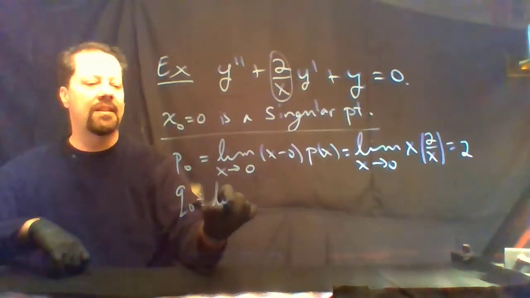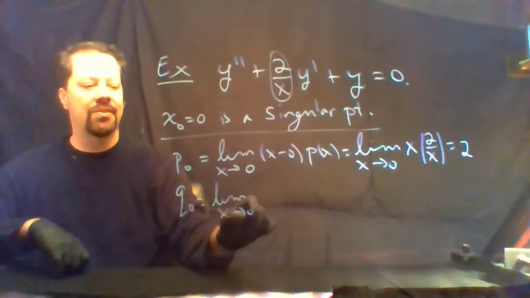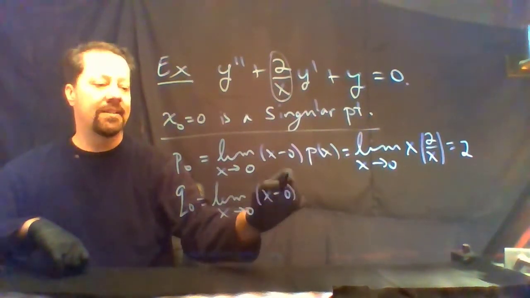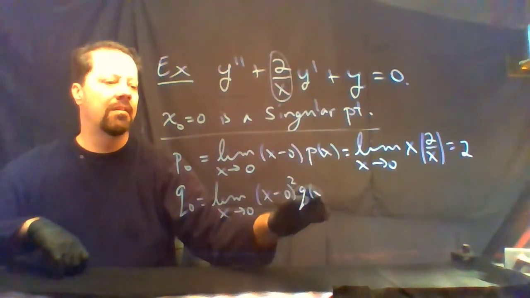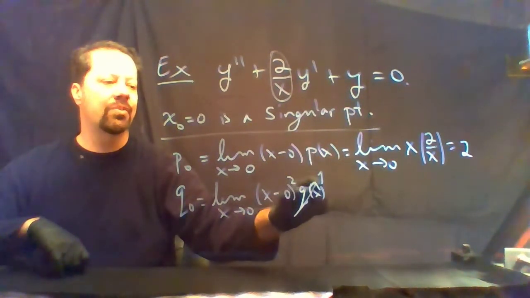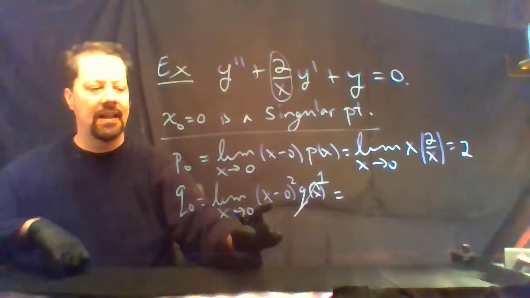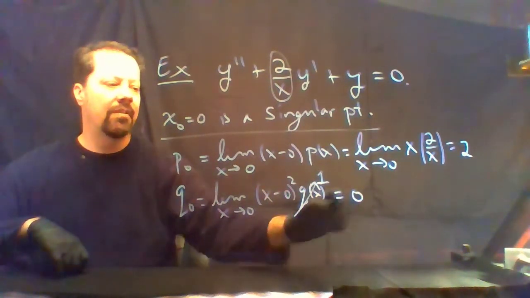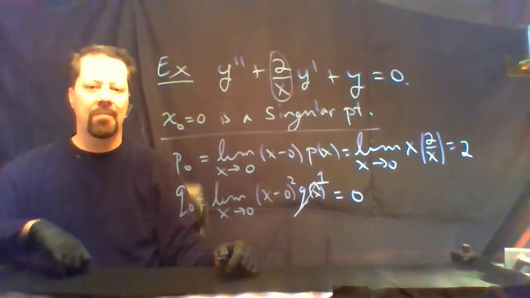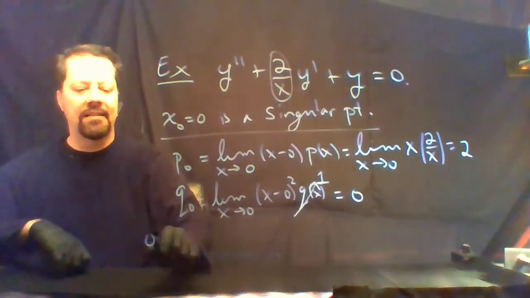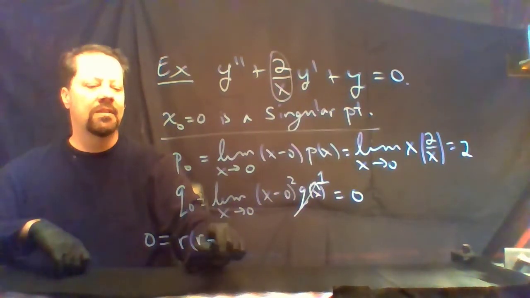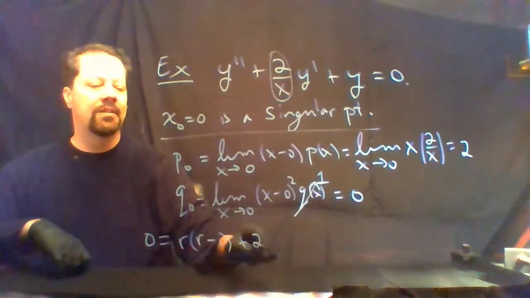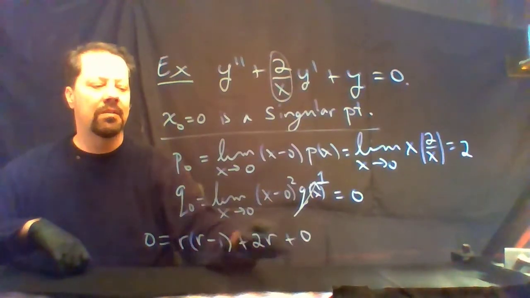Q naught is the limit as x goes to 0 of x minus x naught squared, q of x. Q of x is just 1. As x goes to 0, this whole thing goes to 0. It follows then that our equation is going to be 0 equals r times r minus 1 plus 2r plus 0.